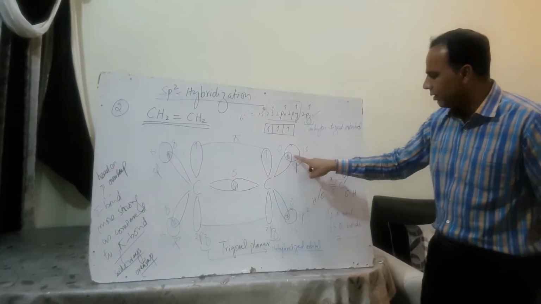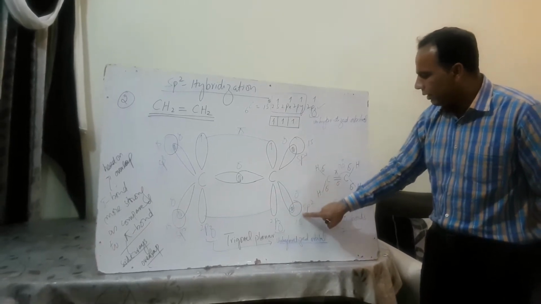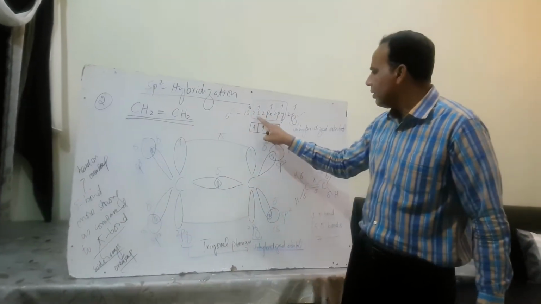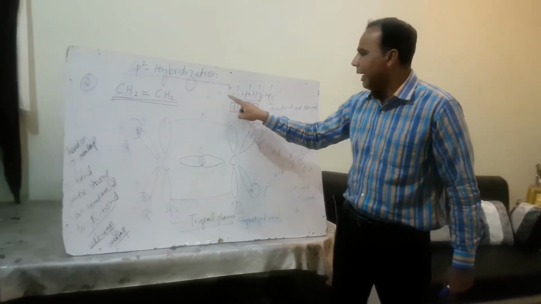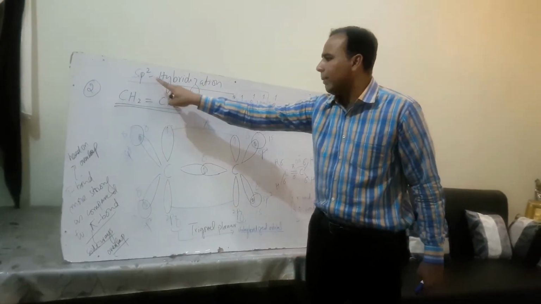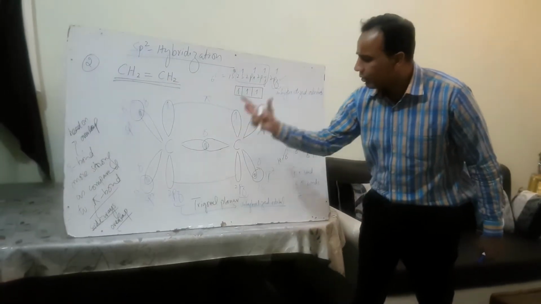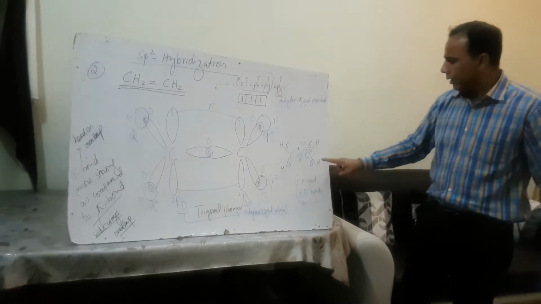And here on this side, this is also an sp2 orbital, because in sp2 hybridization one s and two p orbitals overlap and produce sp2 hybridized orbitals. And the structure of ethene is trigonal planar.